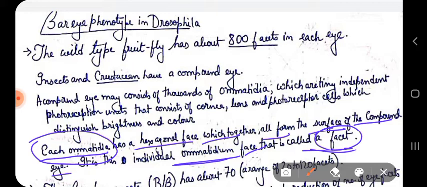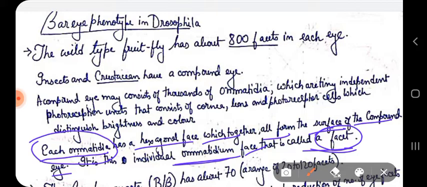In simple words, facets are small eyes that make up your compound eye. Each ommatidium has a hexagonal face, called a facet, and these facets together make your compound eye. I think you have understood about the compound eye, because the term I'm going to use is facet.